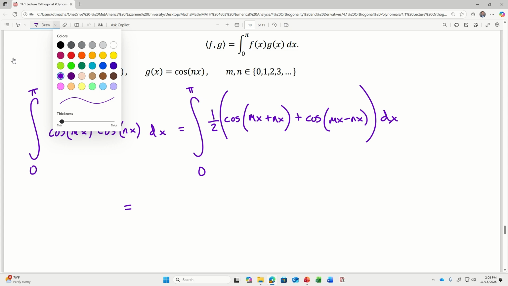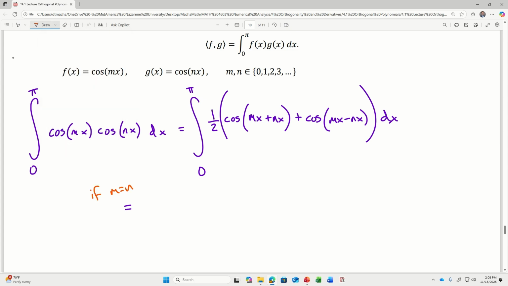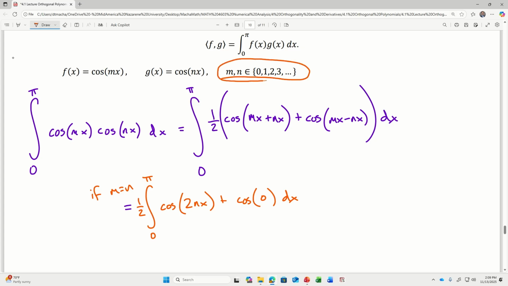So if m is equal to n, then this is cosine of 2nx plus cosine of 0. And I've said that m and n have to be positive integers, or non-negative integers at least. So if those are integers, then this is an even integer times x.